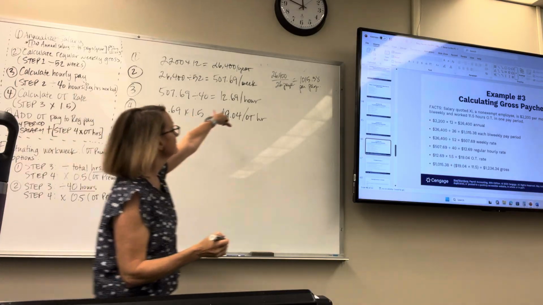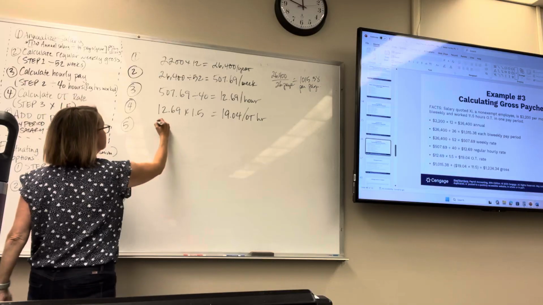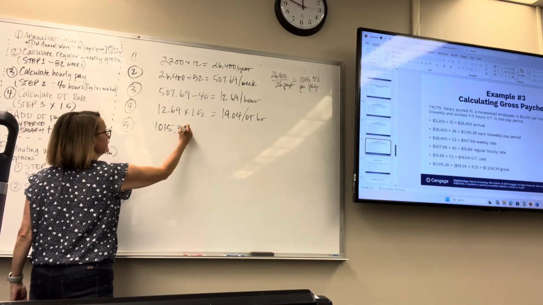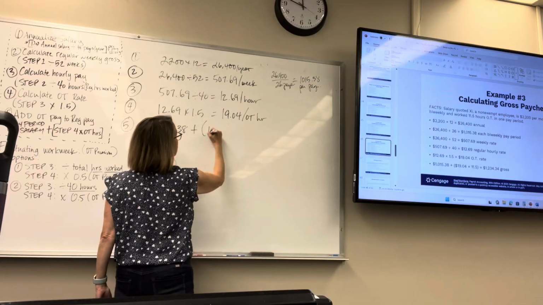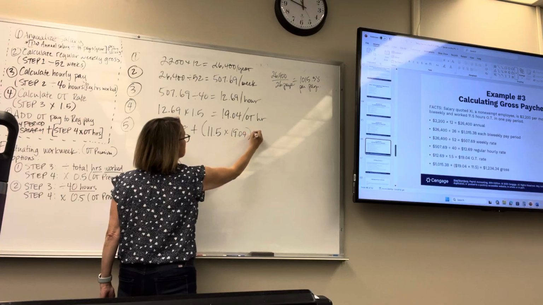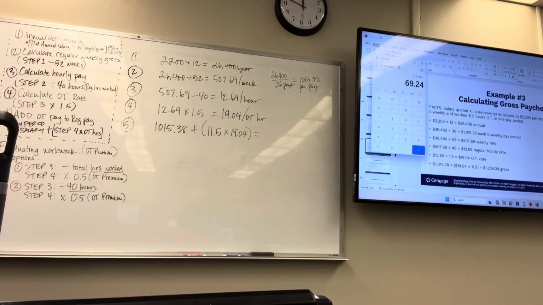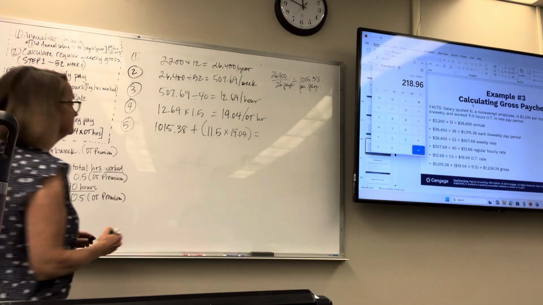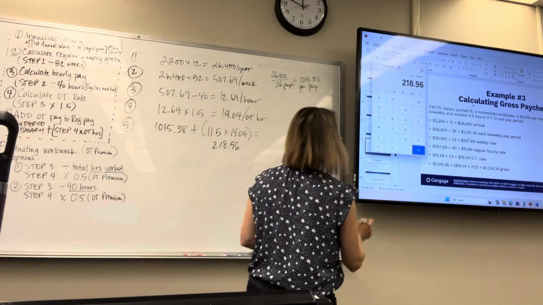And then we're going to take that per pay amount, 1,015.38, and then add the amount of overtime. Would they say 11.5 hours? Times 19.04, $218.96. Add those together, $1,234.34.